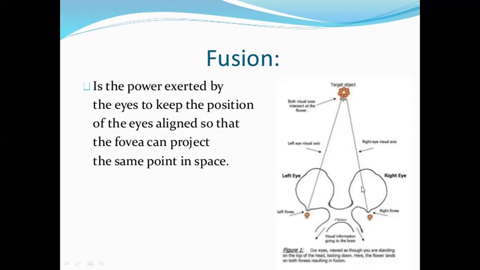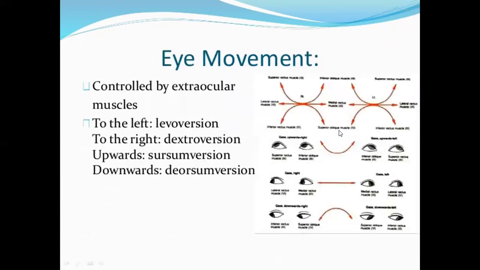So in this way the power exerted by the eyes keeps the position and maintains the alignment, so that the fovea can maintain the object at a target point, the same point in space. So both eyes make different images, but with both eyes we see one object, a single object only. So in this way the fusion works in our eye.